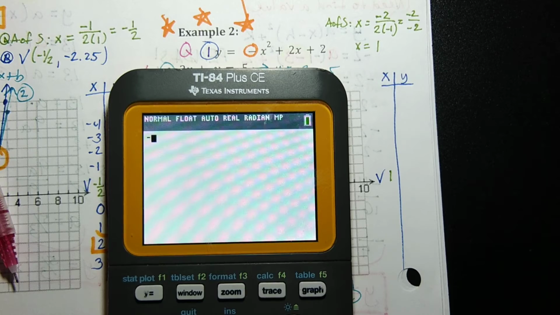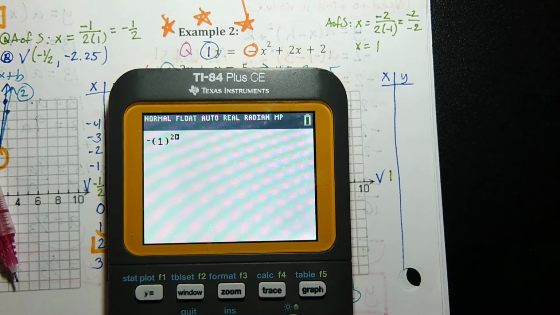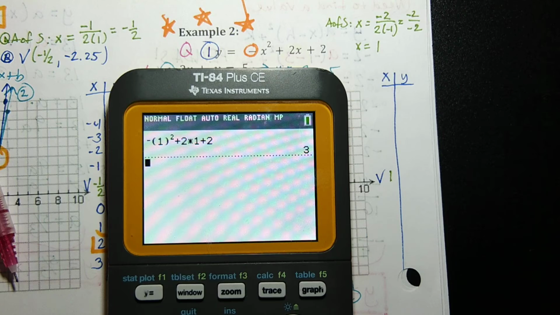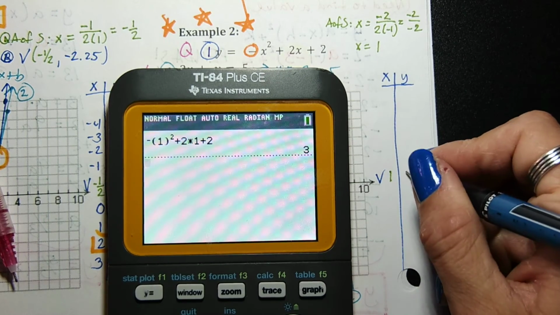So when I put that 1 in as an input, I'm really doing this. The negative goes on the outside, the 1 goes in parentheses. Then we're, oops, not double squared. We're going to square once, and then plus 2 times 1 plus 2. And we get 3 for our vertex y value.